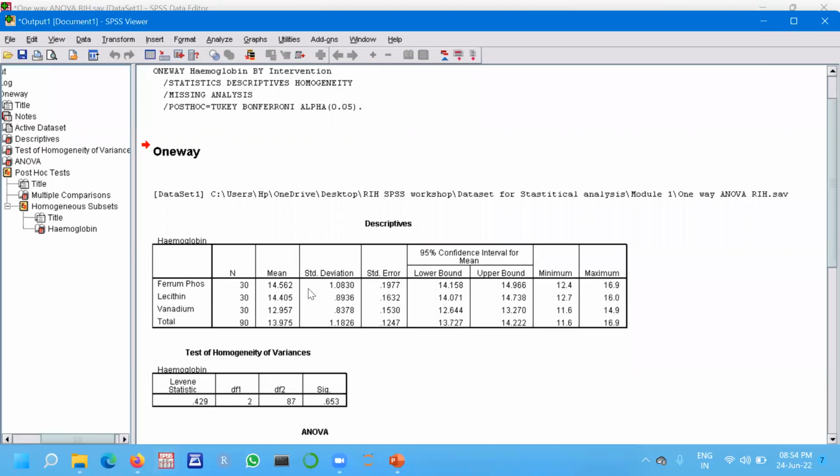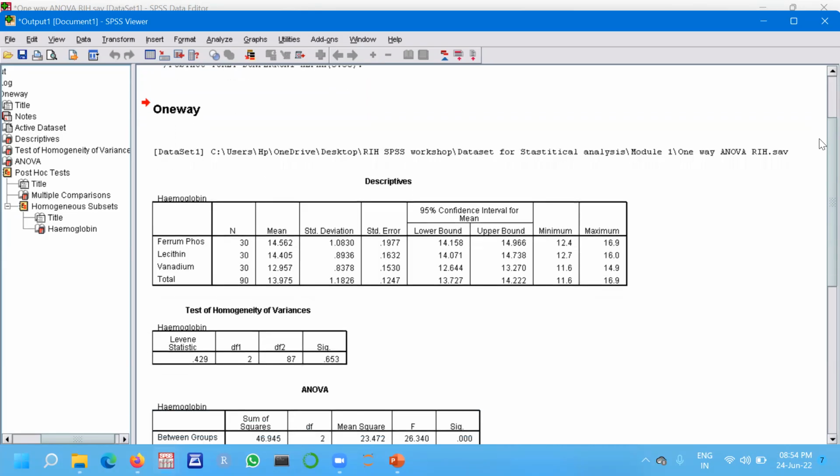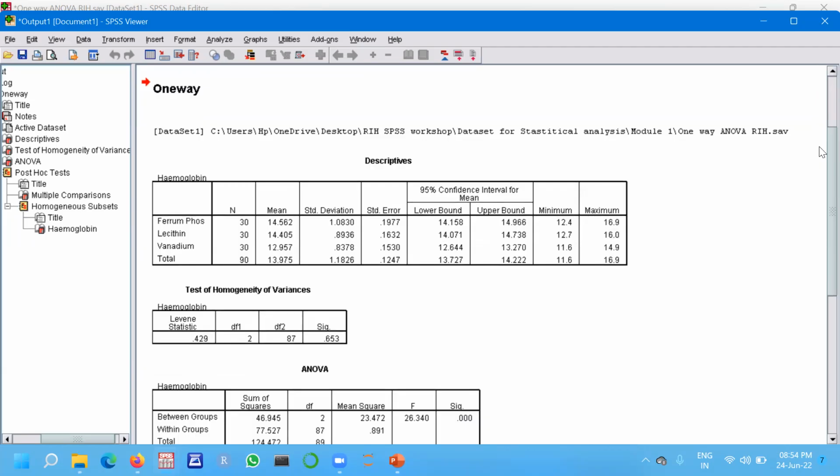The mean value is 14.56 for ferrum-phos, 14.40 for lecithin, and 12.94 for vanadium. The respective standard deviations are also given. So this is the descriptive statistics. Now, one of the assumptions of the ANOVA test is that homogeneity of variance is assumed.